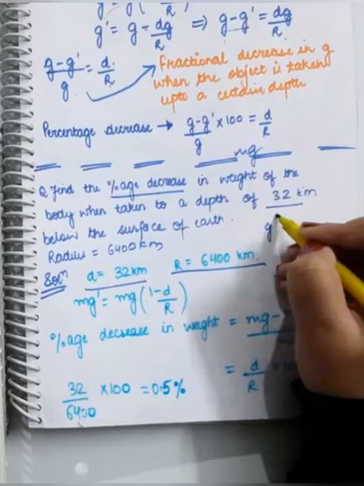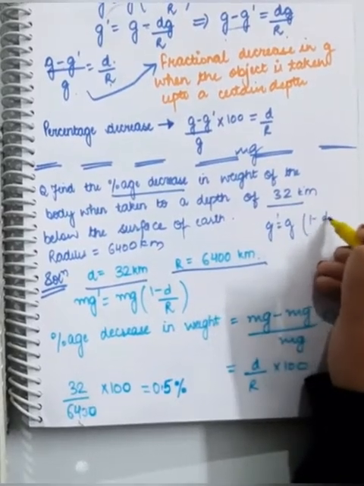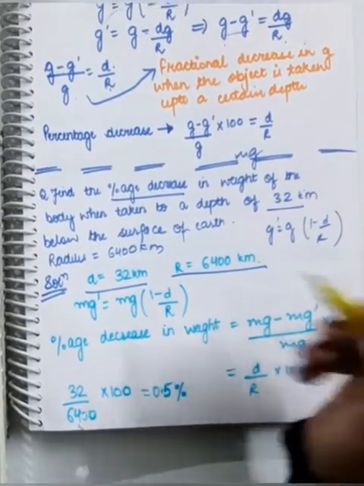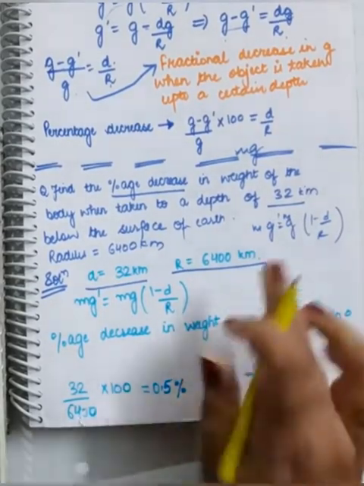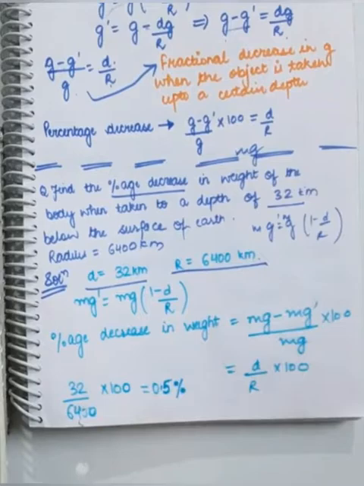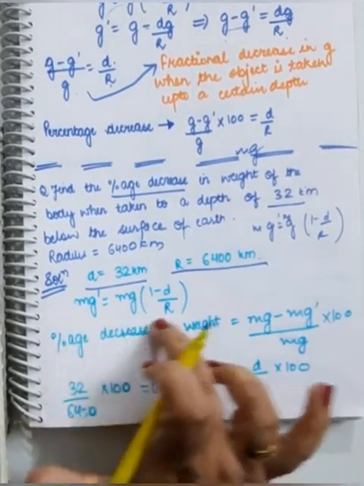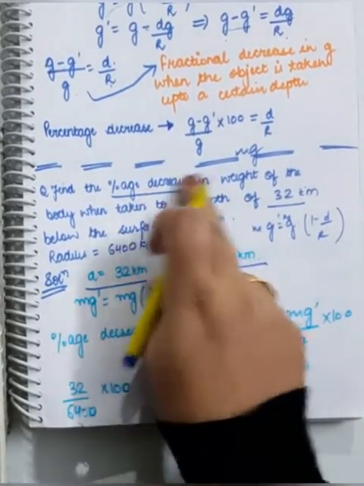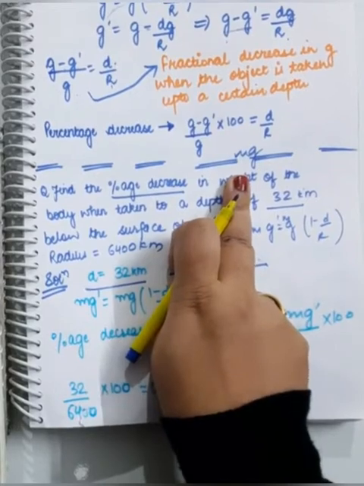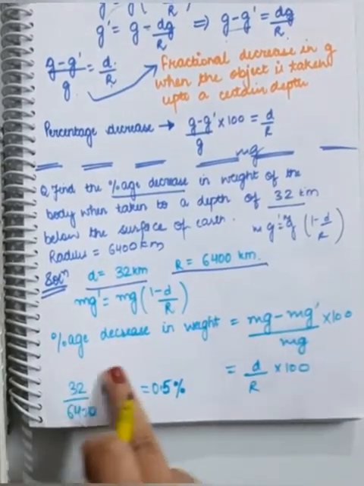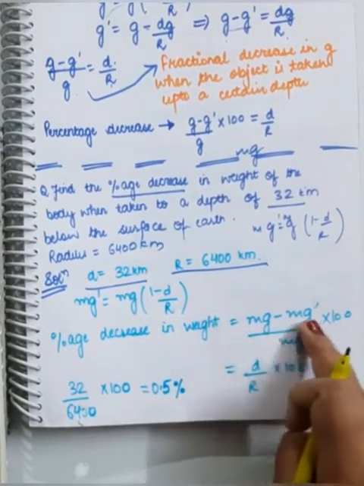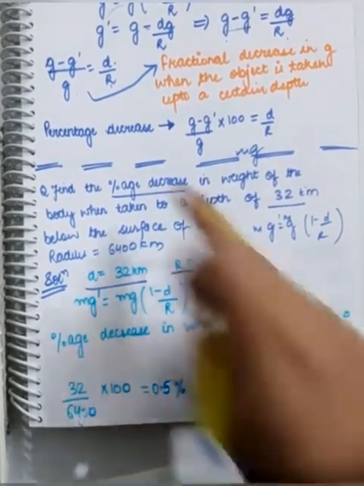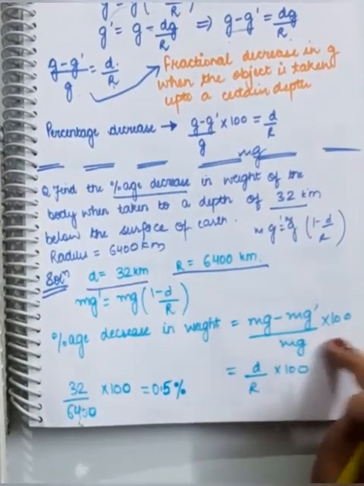See, g dash is equal to g (1 minus d by r). Agreed? If you multiply m on both sides, it makes no difference, but the equation has been converted to weights. I have written this equation because they have asked about the weight. Now percentage decrease in weight is (mg minus mg dash) divided by mg, into 100.